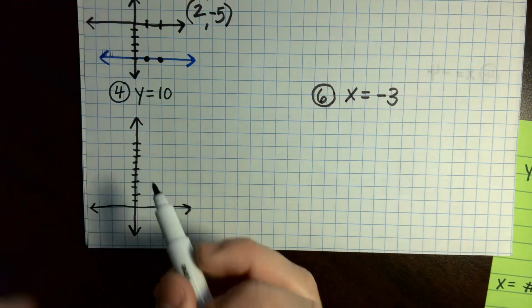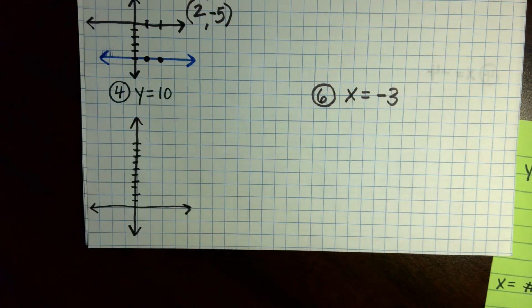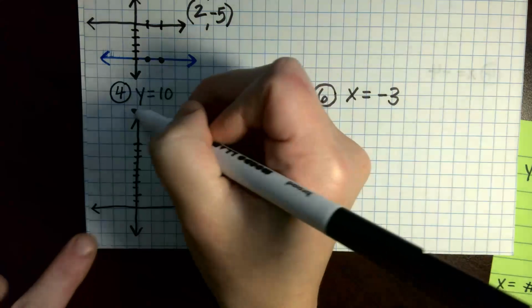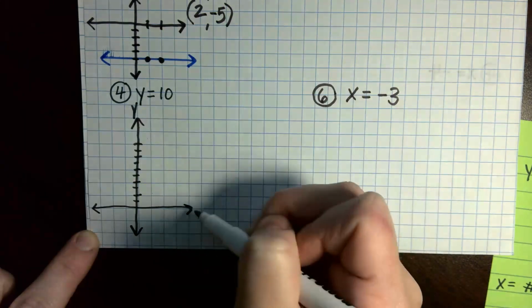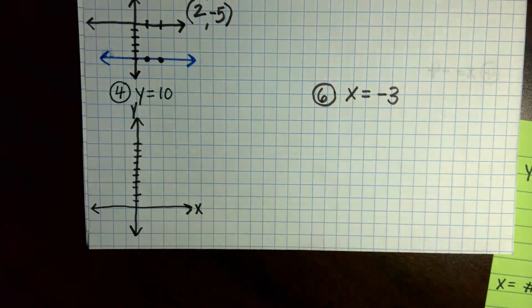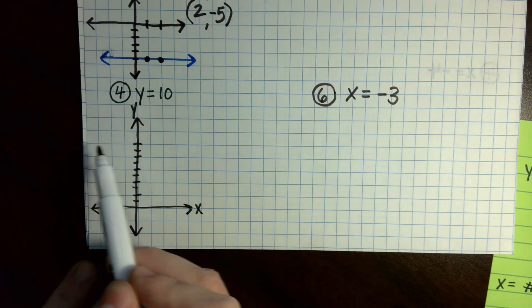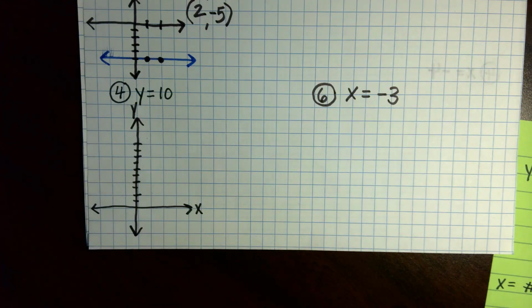Okay, at y equals 10, how about this time without plotting points? What am I going to do? What could I do without plotting any points? Just mark 10 on the y. Yeah, I'm just going to go up to 10, and I'm going to draw a line right there, straight across.